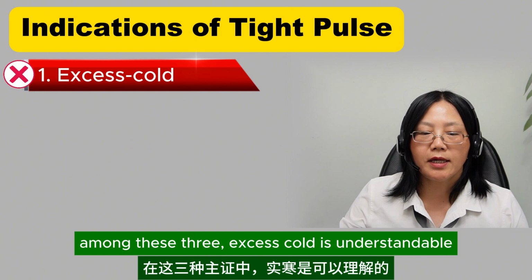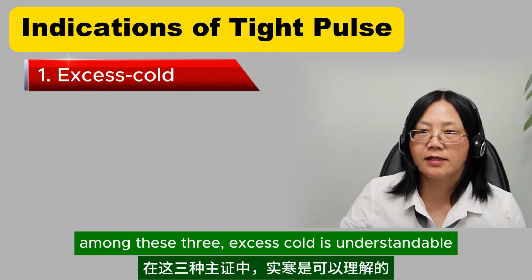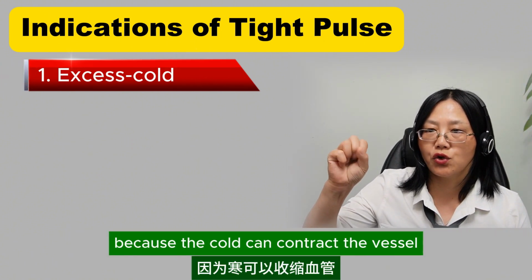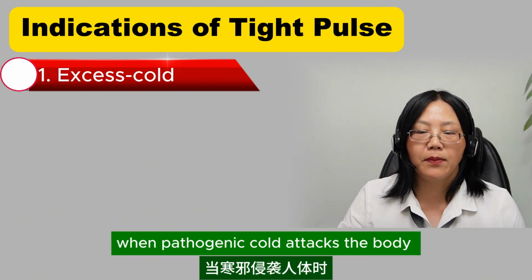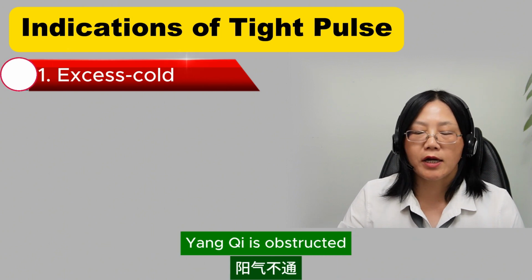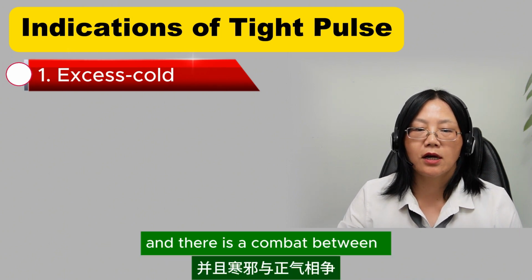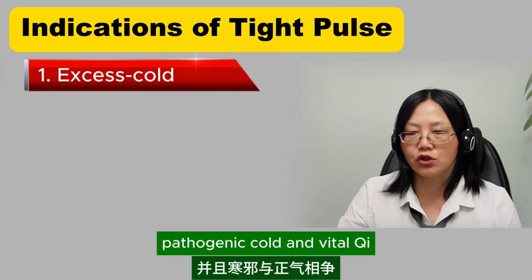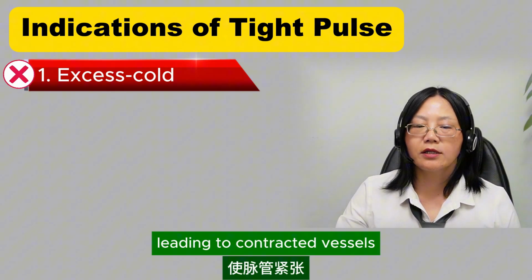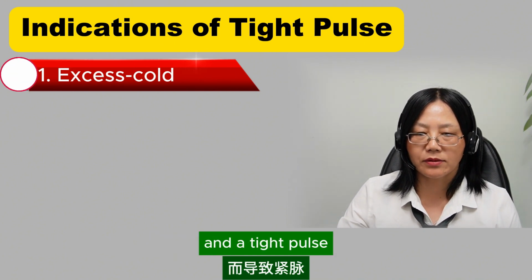Among these three, excess cold is understandable because cold can contract the vessel. When pathogenic cold attacks the body, yang qi is obstructed, and there is a conflict between pathogenic cold and the vital qi, leading to contracted vessels and a tight pulse.